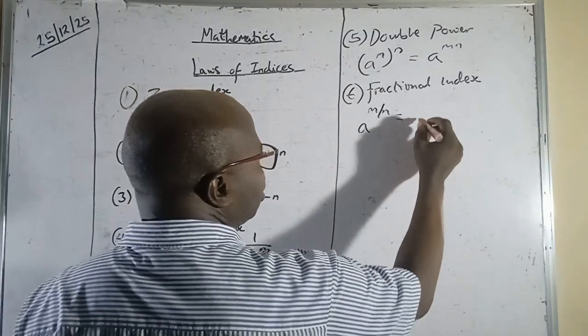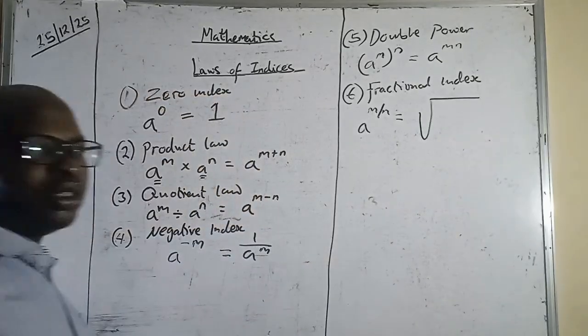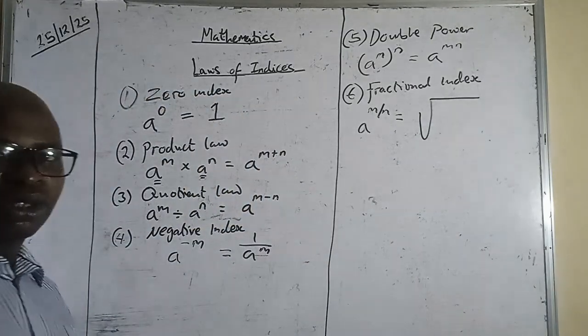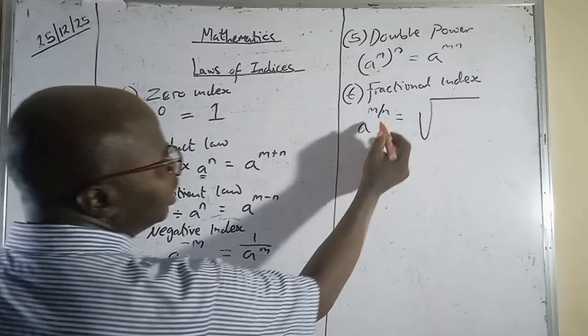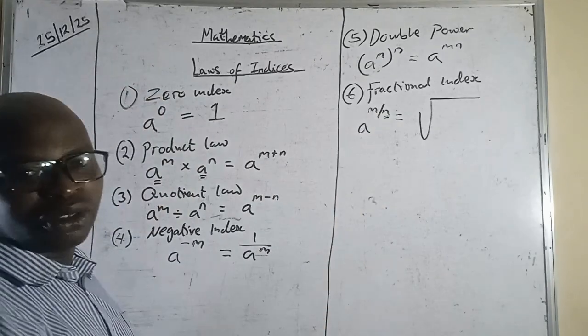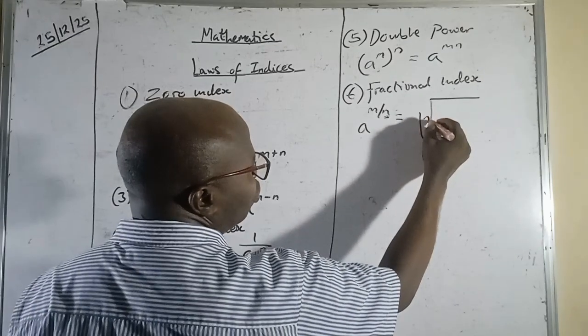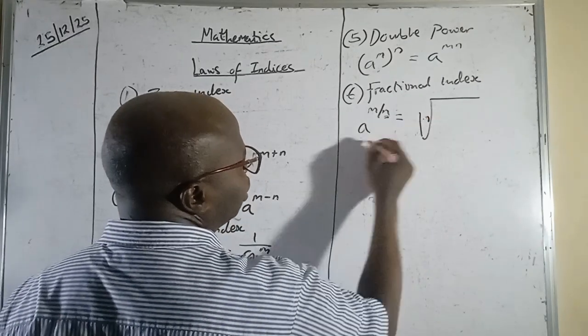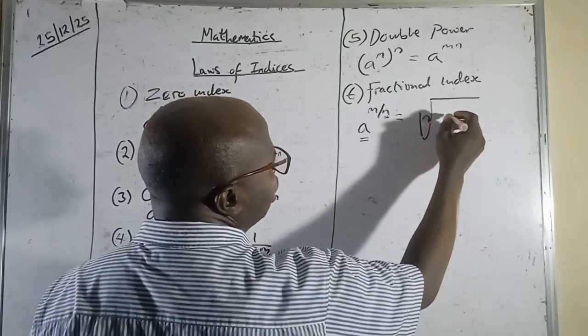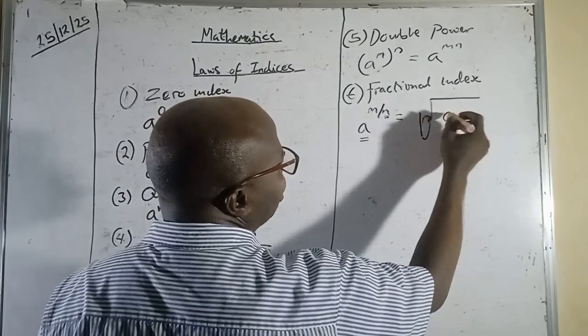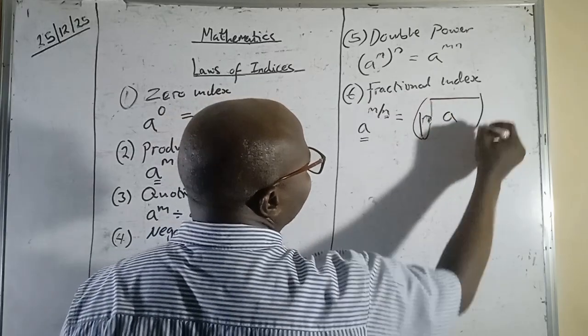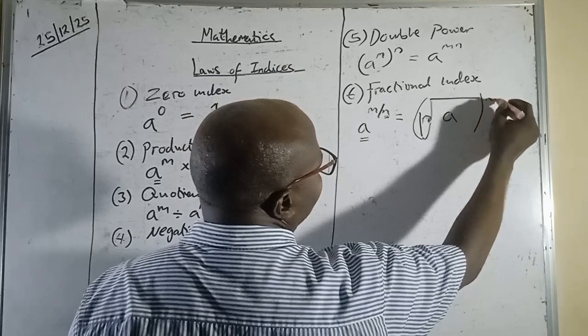What determines the root, whether it's going to be cube root, square root, fourth root, or whatever, is the denominator of the fraction. So n is going to be here, while the number itself, a, is going to be inside the root. Then everything raised to power m.